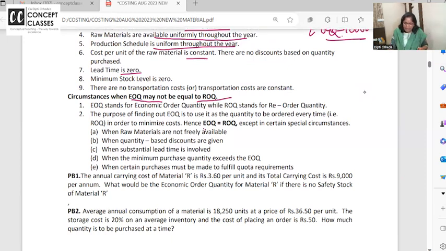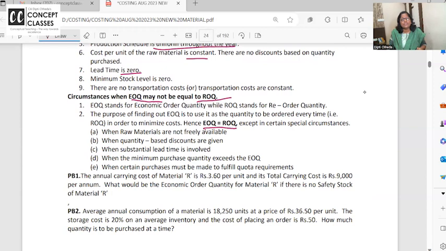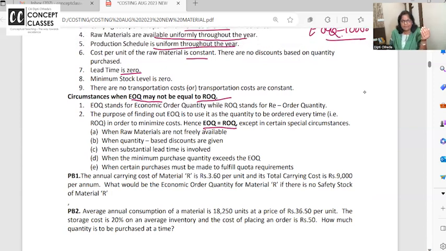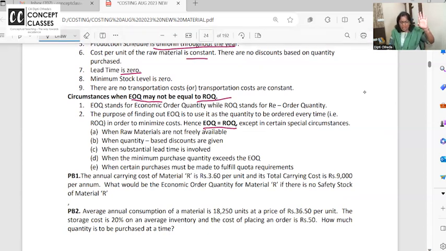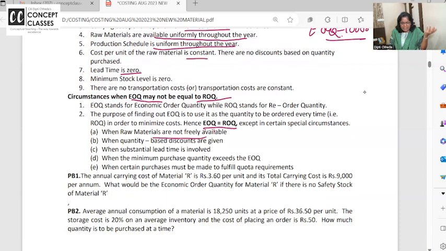What is ROQ, dear students? Reorder quantity, how much to order. You will not order EOQ if material is not freely available, or there is a seasonal problem, or quantity based discounts are given and the discounts are really awesome, or substantial lead time is involved.